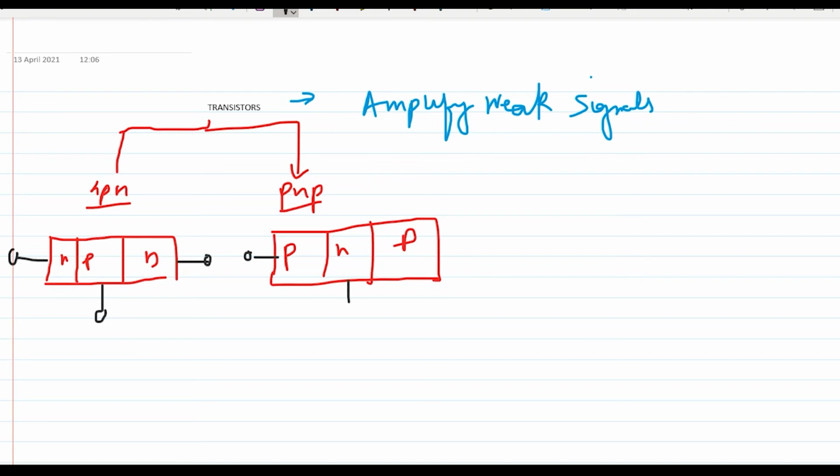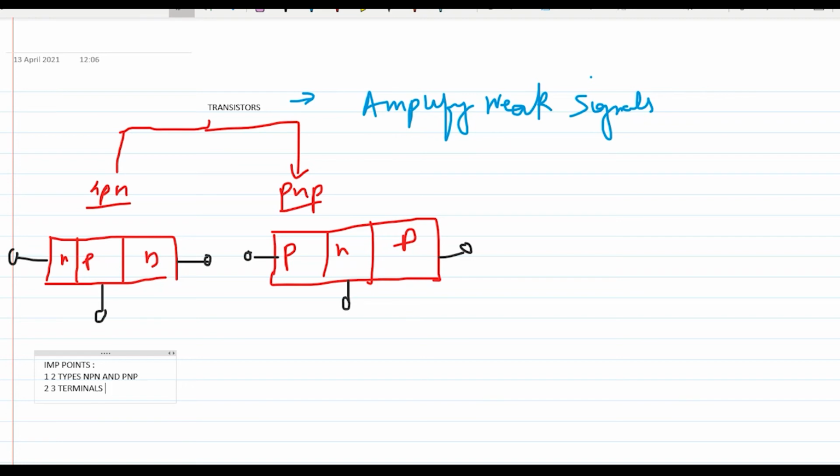So the important things we have to know about a transistor: first, it is of two types, NPN and PNP. Second, it has three terminals, which are first on the N side, second on the P side, then again on the N side.